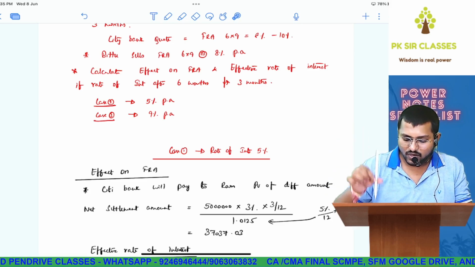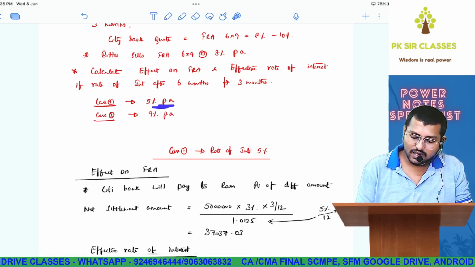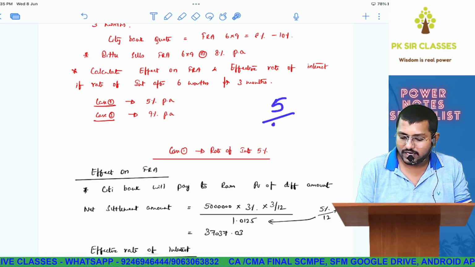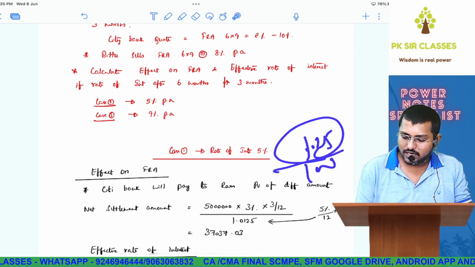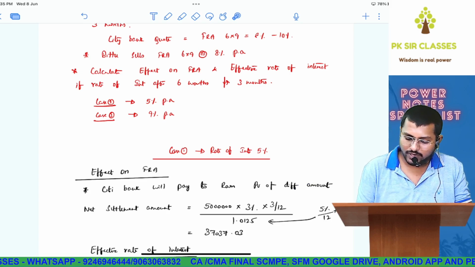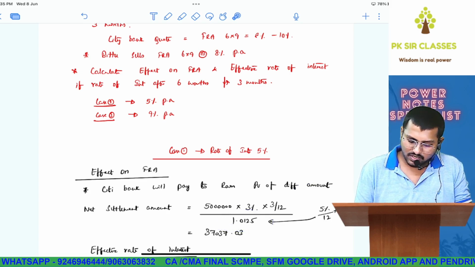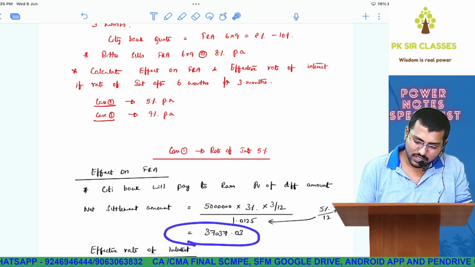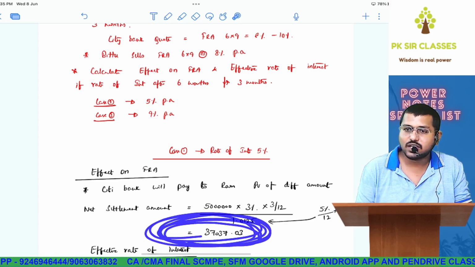On that day, what is the interest? 5%. Correct? 5% per annum. We need to calculate for 3 months. So 5 divided by 4. How much does it come? 1.25%. Divided by 100, you'll get 0.0125 plus 1, 1.0125. Correct? Yes. All right. You discounted this much, and only then will the FRA bank pay you. Are you able to understand?